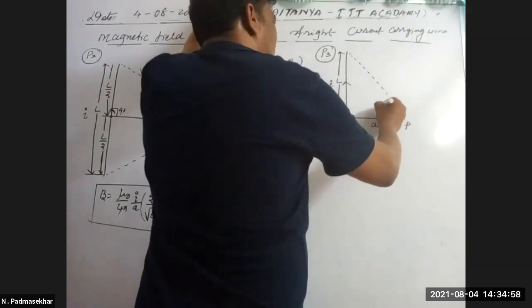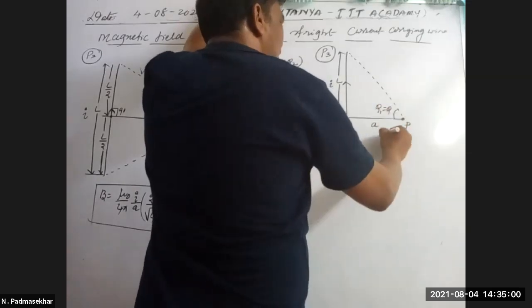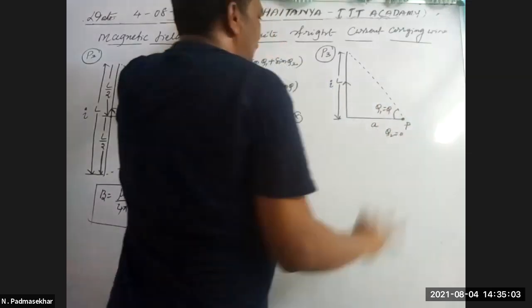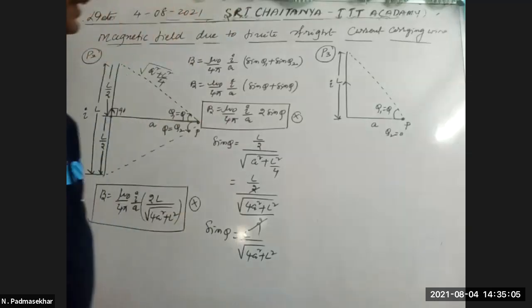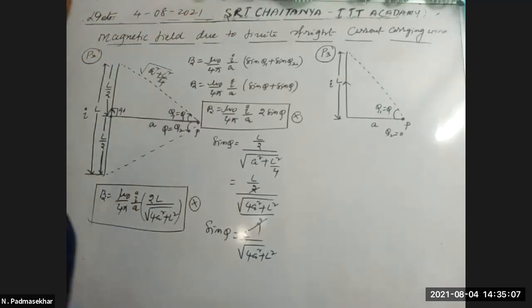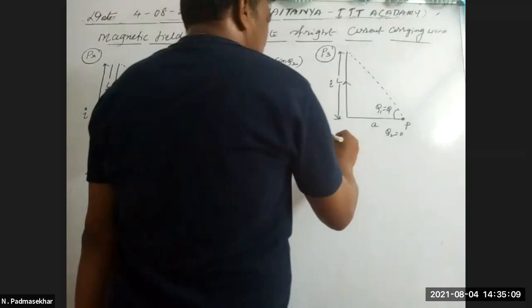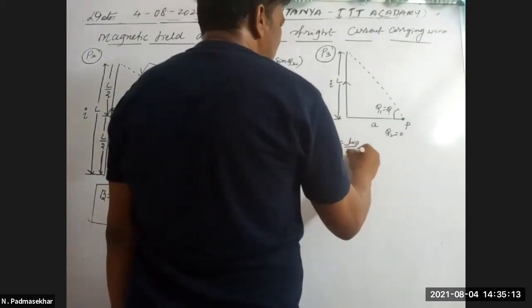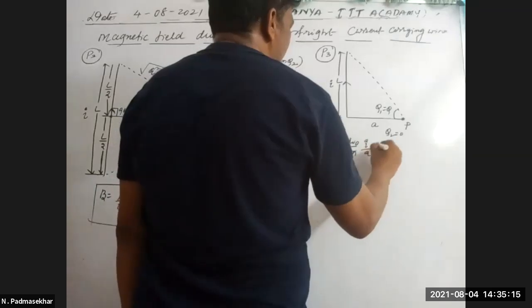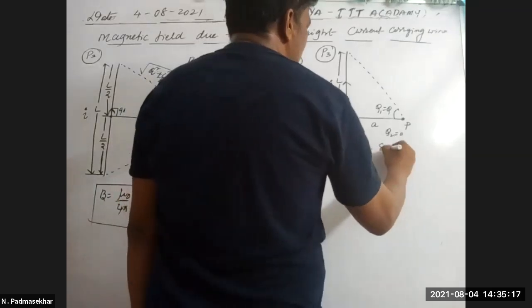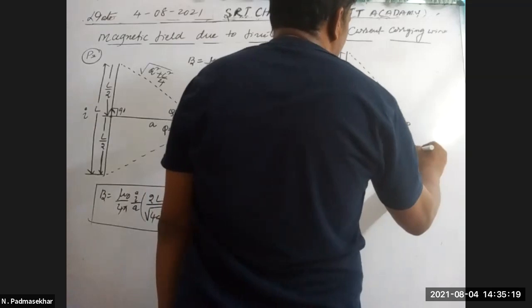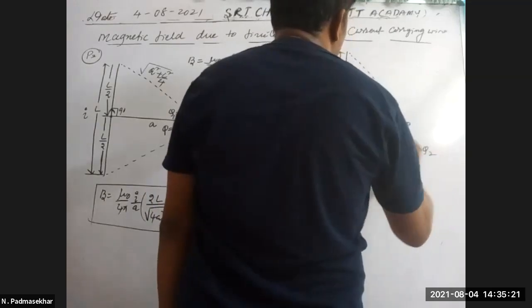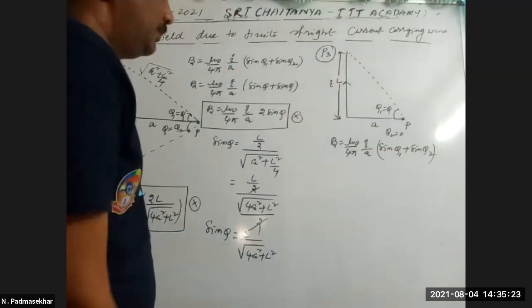Here phi 1 is equal to phi and phi 2 is equal to 0. Now B is equal to mu naught by 4 pi I by A, sine phi 1 plus sine phi 2.